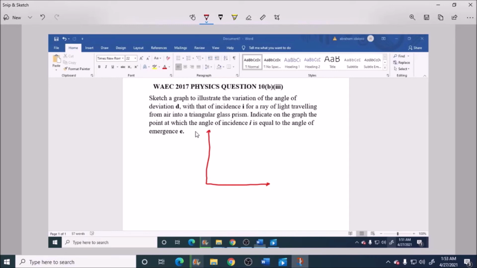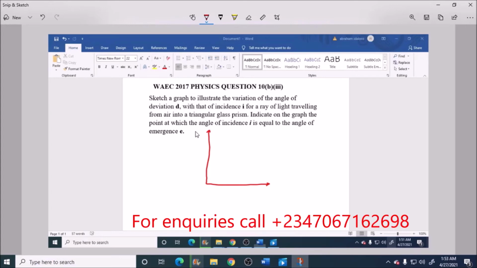That is the angle indicating the angle of incidence equal to the angle of emergence. So at this point, angle of incidence is equal to emergence.